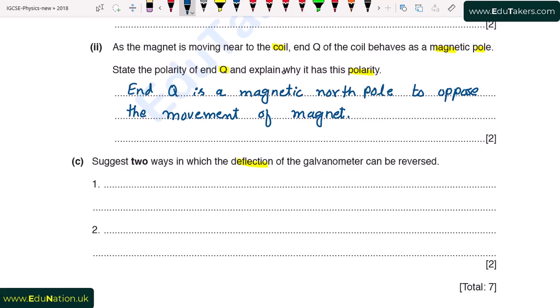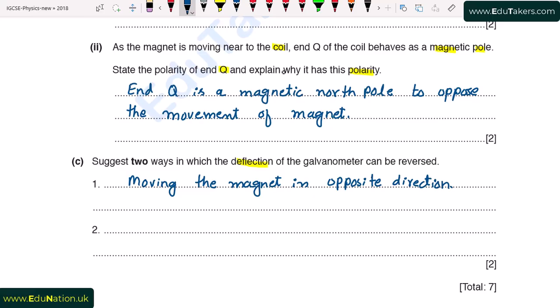I write here: moving the magnet in the opposite direction.